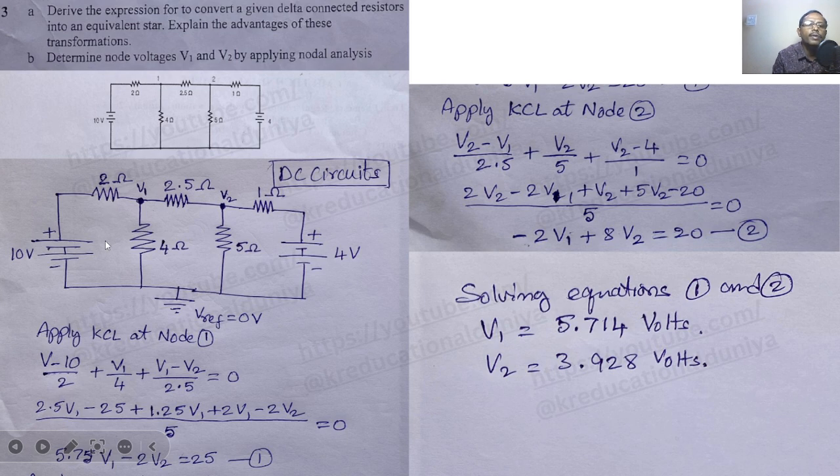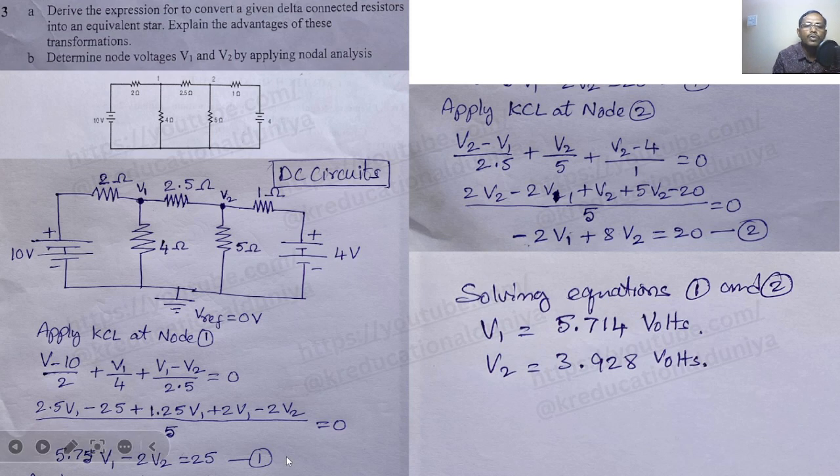Next plus I2, that is V1 minus 0 by 4, from one node to another node, so V1 by 4. Plus I3, that is V1 minus V2 by 2.5, equal to 0. So this is the nodal analysis, right? After that make it in terms of V1, V2 equal to a constant. We have to write it in this form.